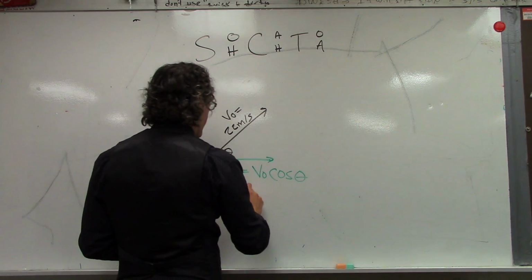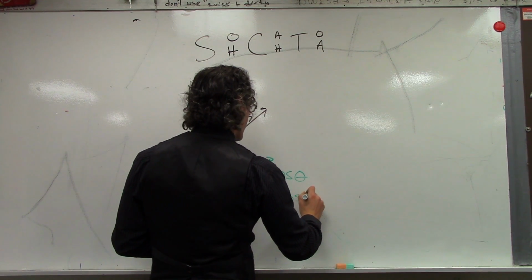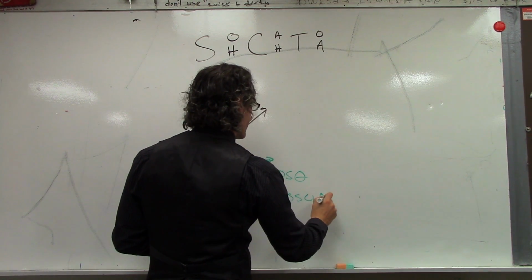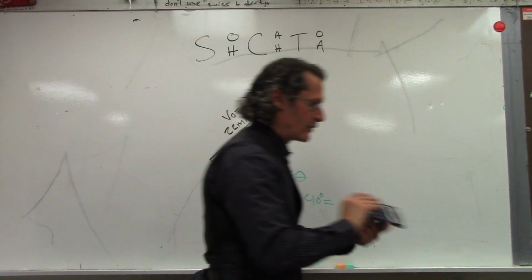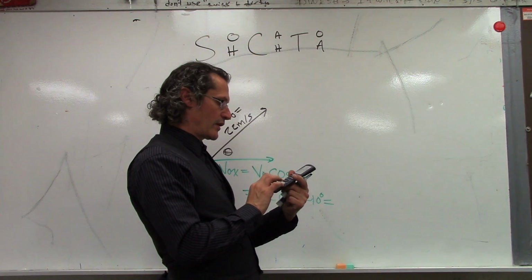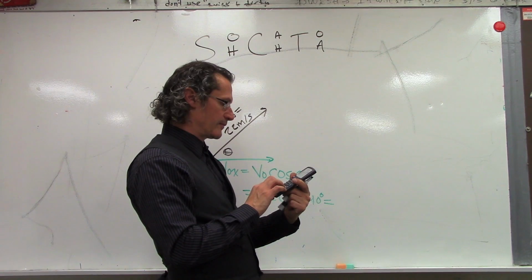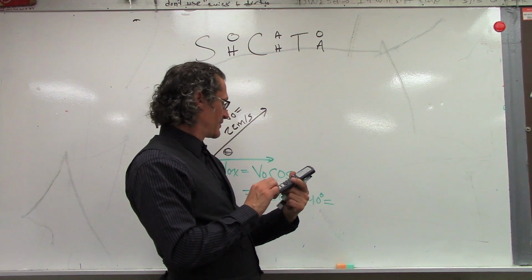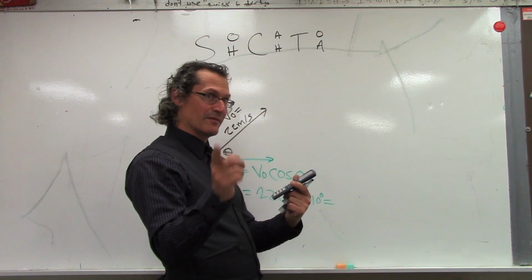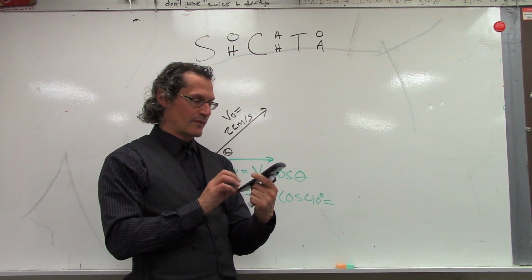All right, so what is that value? Well, we've got 22 times the cosine of 40 degrees, and that equals, let's see, I'm totally in degrees, 22 cosine 40 degrees.